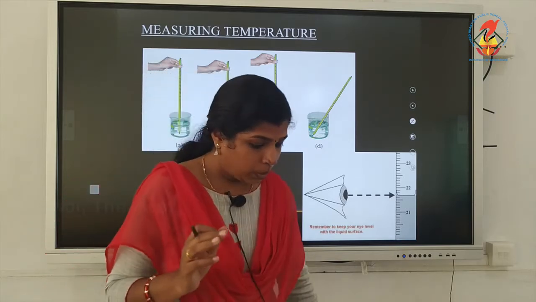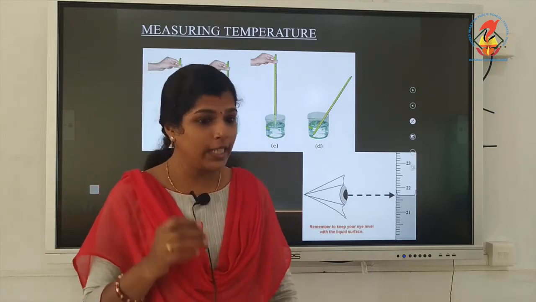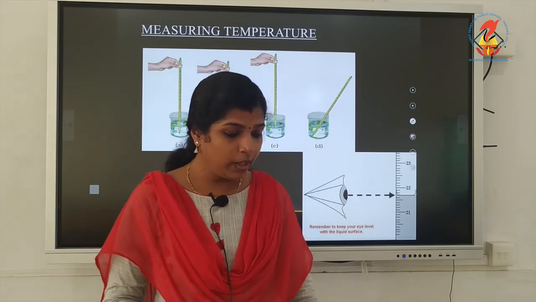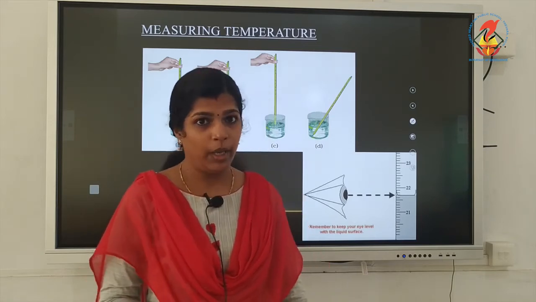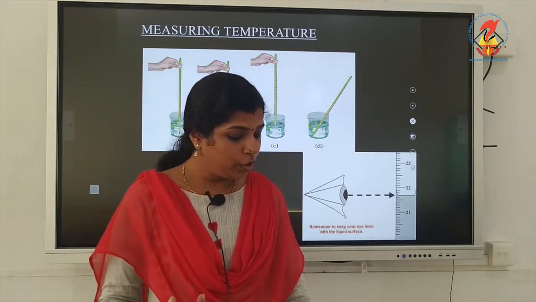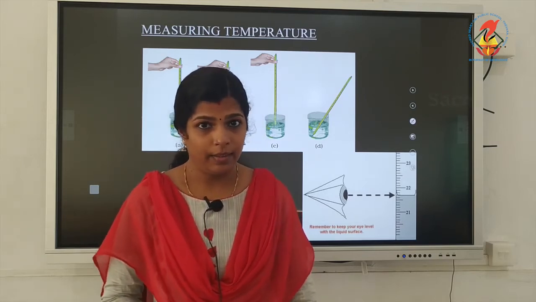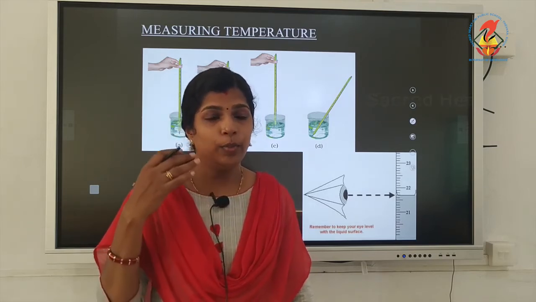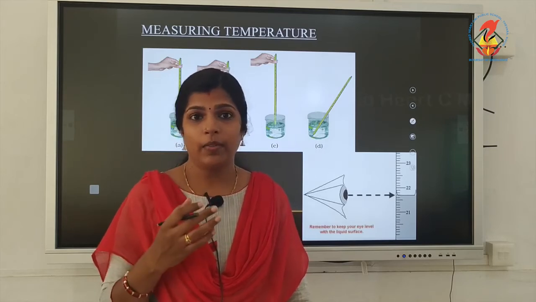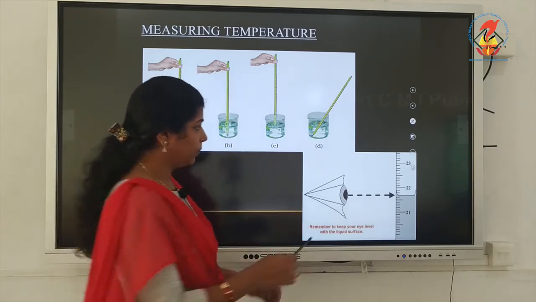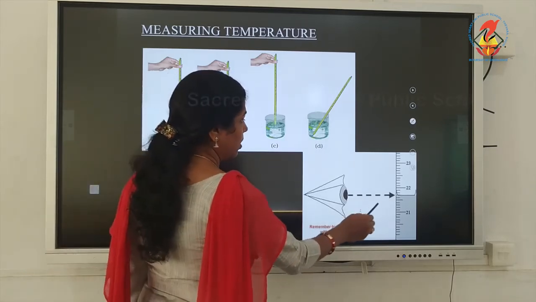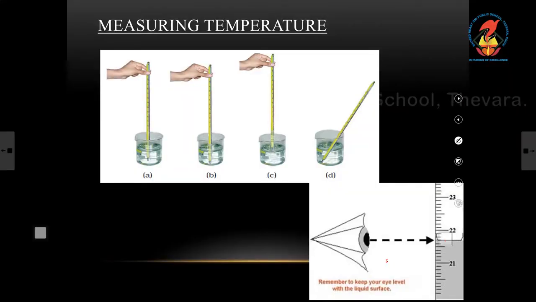Now, the third one: while reading the measurement, the level of mercury should be at the same level as the eye. This one is the level of mercury. So, when you take the reading, your eye and the level of mercury should be at the same level.